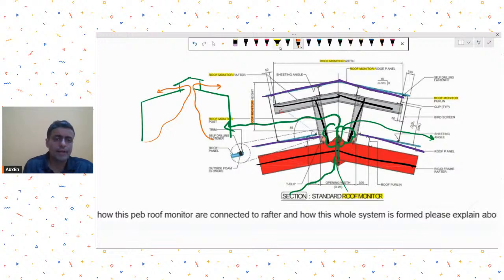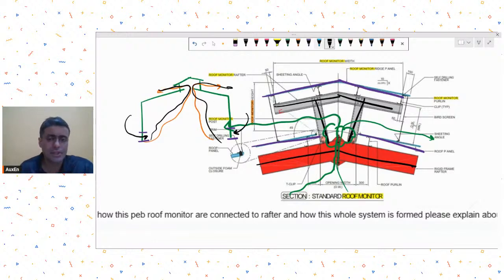And then you can also add, let's say, louvers at the bottom. So then cool air which is at the lower altitudes can enter into the shed. That cool air, when it gets hot, can rise up and then exit from here. So it's a natural draft, a pressure draft that is created, and therefore these types of roof monitors may sometimes be provided. Natural draft means a natural pressure difference you are creating.